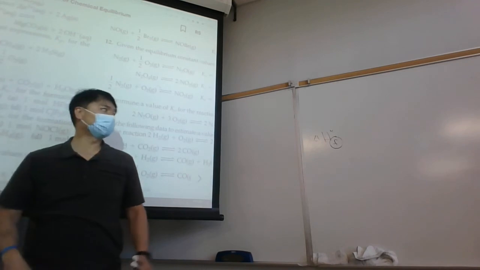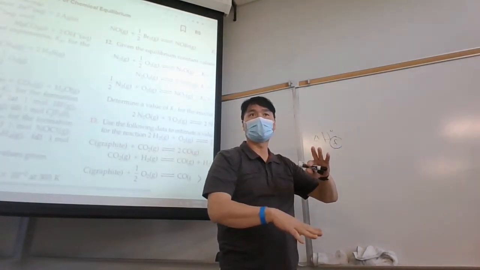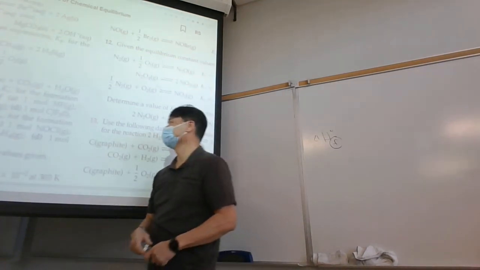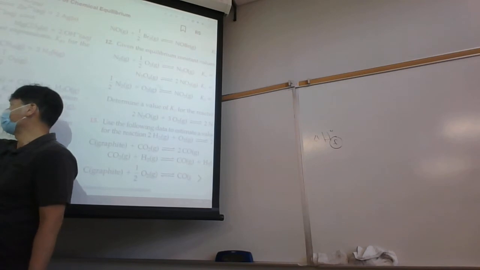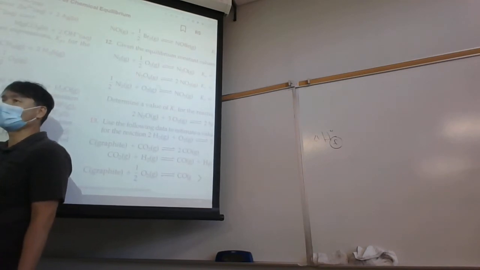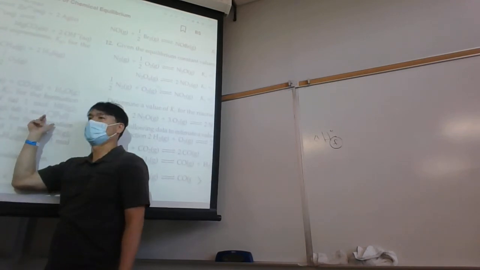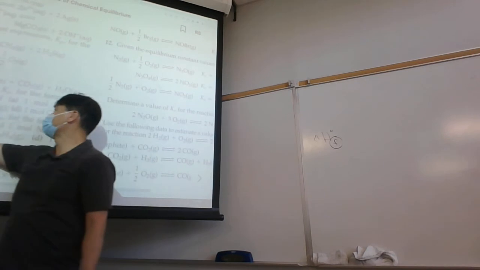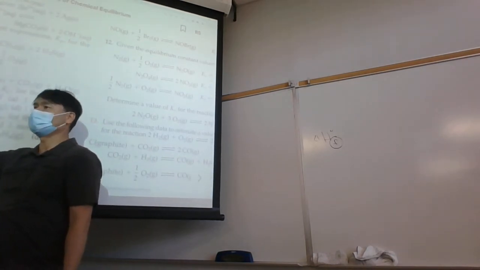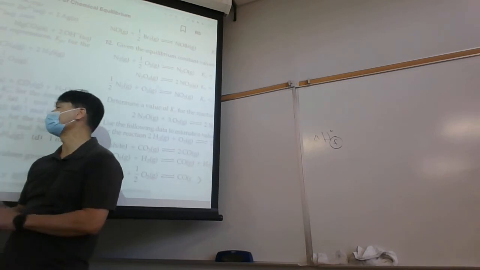And so when we look at delta H of formations, compiled in Appendix D, they're always for 1 mole. So this is not technically a formation reaction. This is 2 times the formation reaction because it's 2 moles of product. Same thing here, 2 times. This would be 1. So these ones we could look up in Appendix D. These 2, we double what we find in Appendix D when we look at the formation for those, if we're interested in delta H formations.